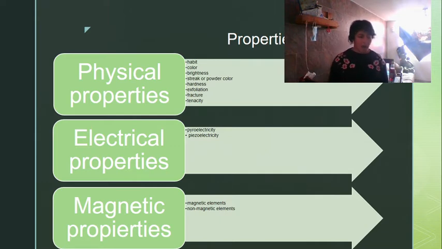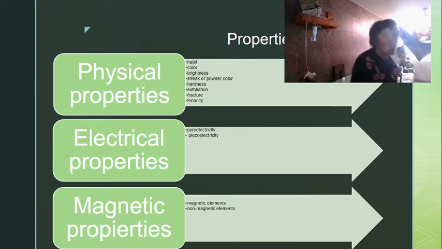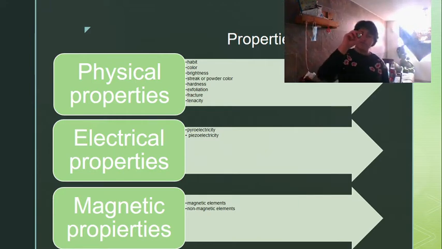These are habit, color, luster, hardness, exfoliation, fracture, tenacity, among others.